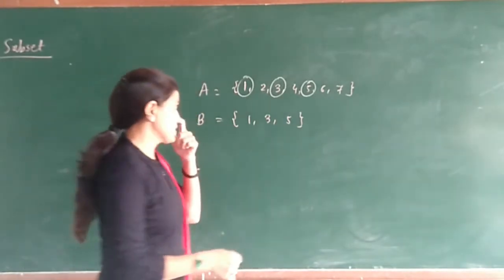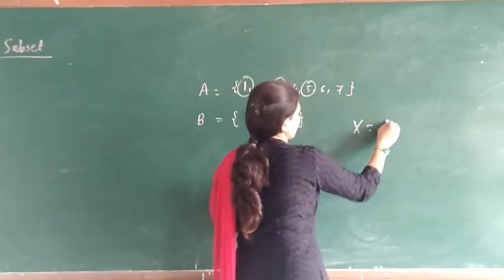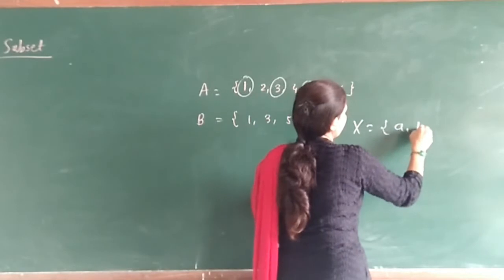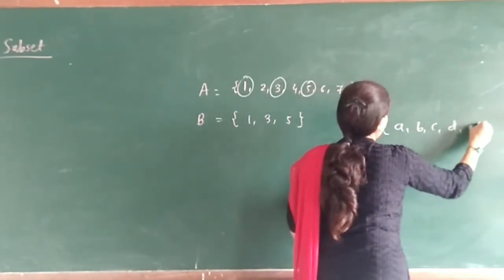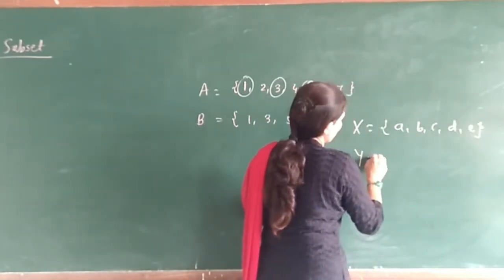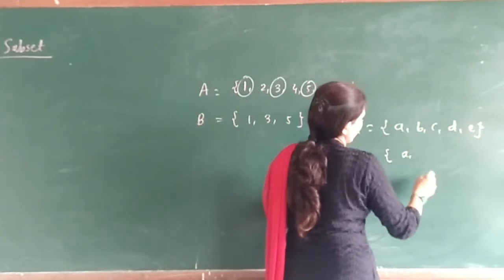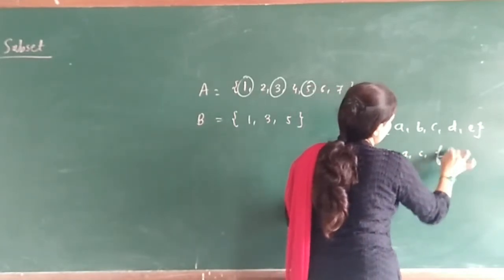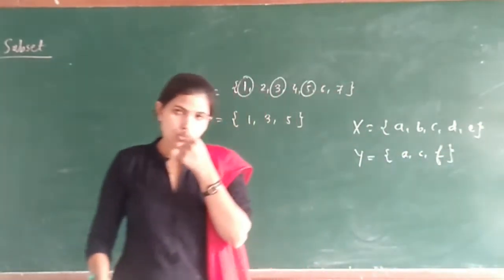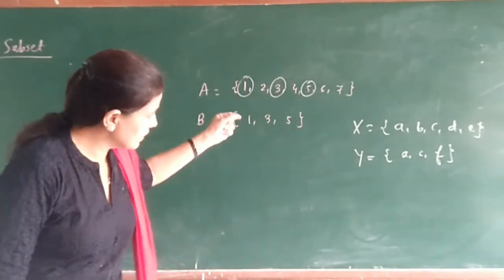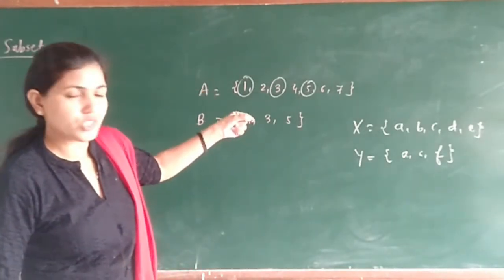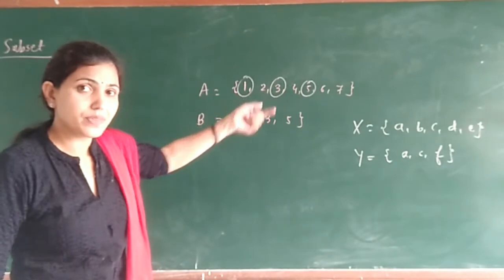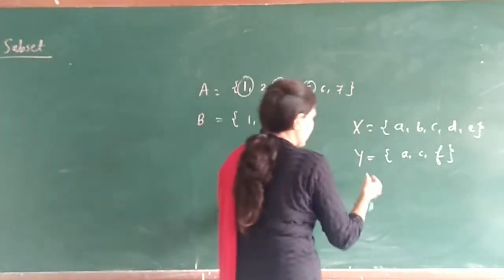ऐसे आपको एक और एग्जांपल दे रहे हैं, like x is equals to A, B, C, D and E, and y is equals to A, C and F. So you tell me here, are all the elements of y in x? y के सारे एलिमेंट x के अंदर बिलोंग करते हैं?